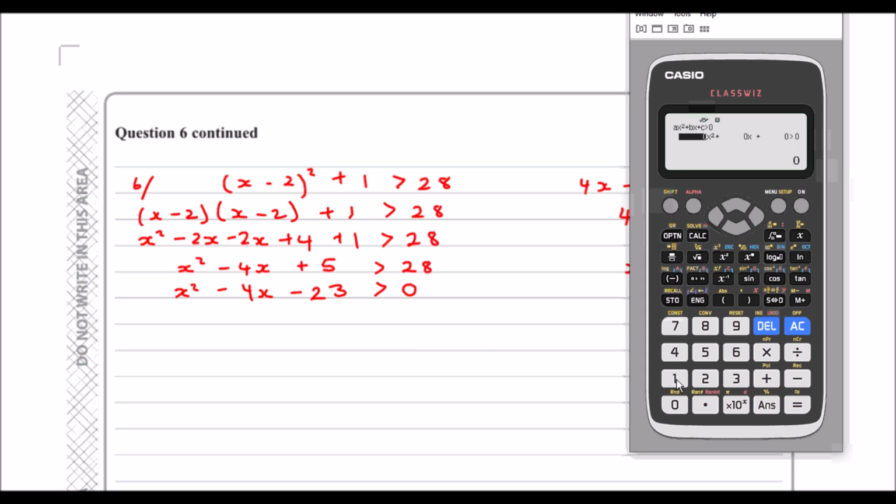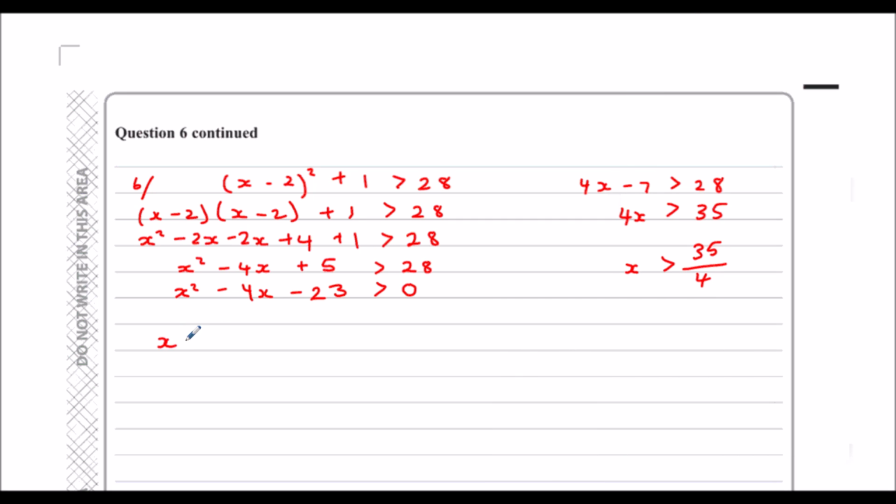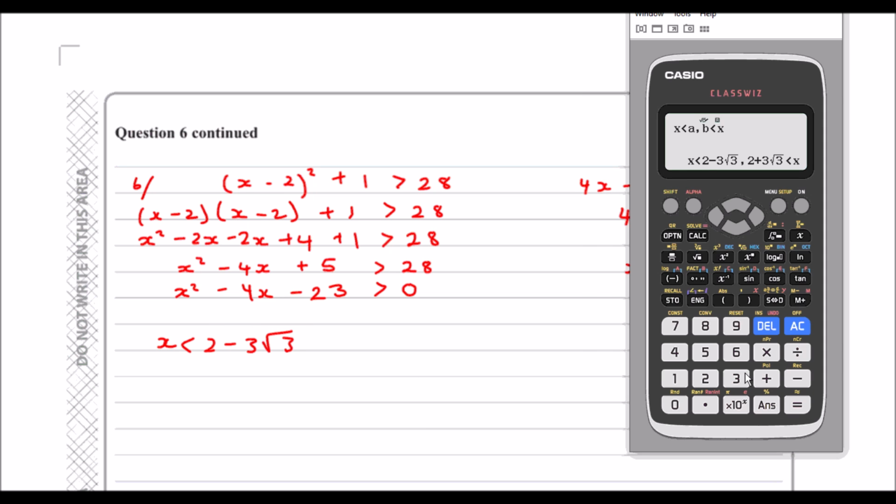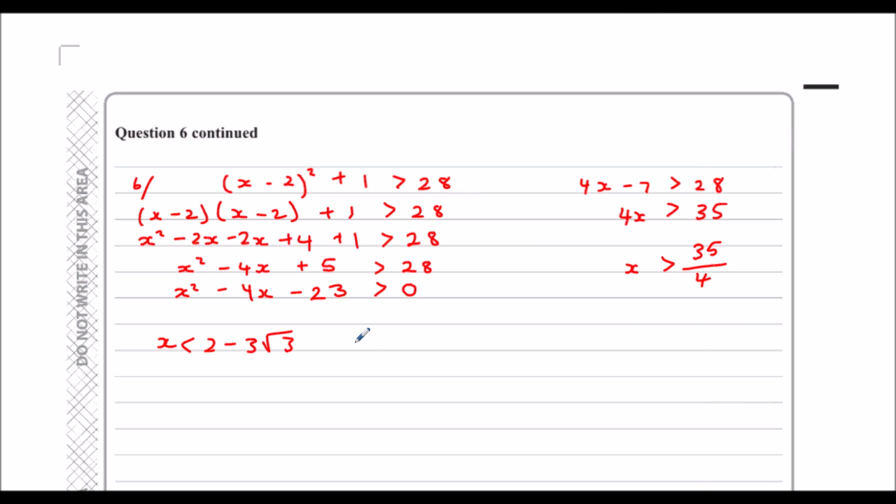We've got 1x squared minus 4x minus 23. Press equals, and we get our answer. So x is less than 2 minus 3 root 3, or x is bigger than 2 plus 3 root 3.